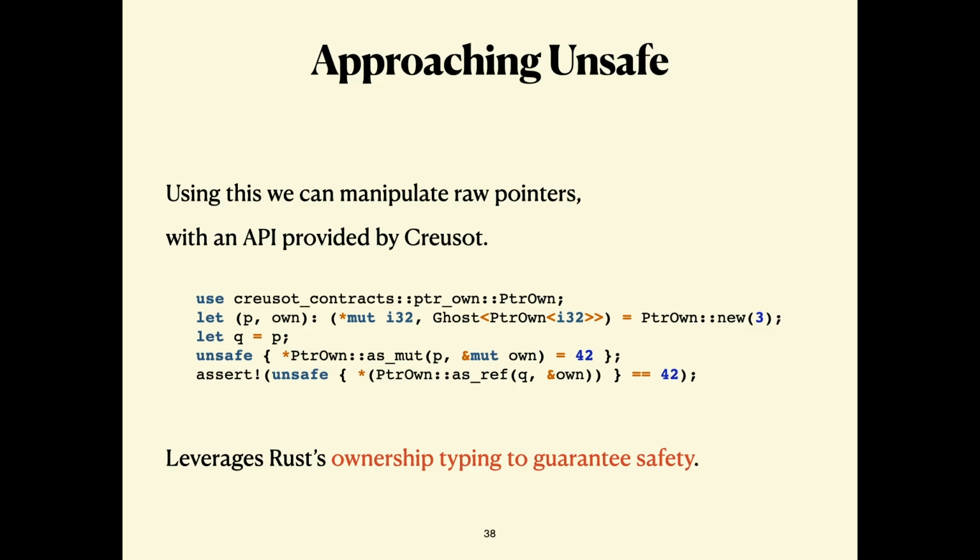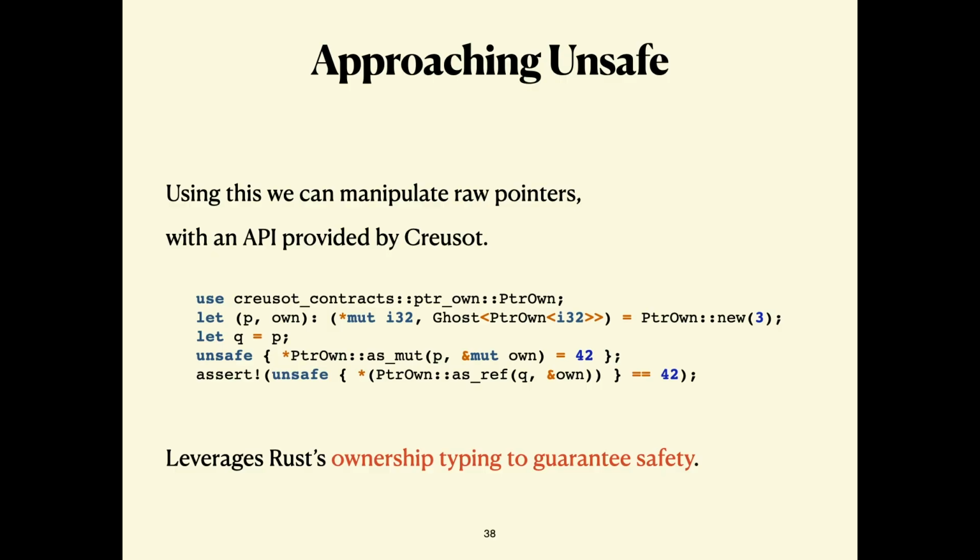And you can do all your code, and then you can use this ptr own as mut to convert your p, to temporarily allow you to mutate your p pointer, and you do that by passing in this ownership token that says, here I have some raw pointer that I actually own. I'm telling you it's actually p here. I would like to update its value. And you'll have to prove that that is the case when you verify things with Creusot. And similarly, to even read your value, you're going to have to do the same kind of proof.